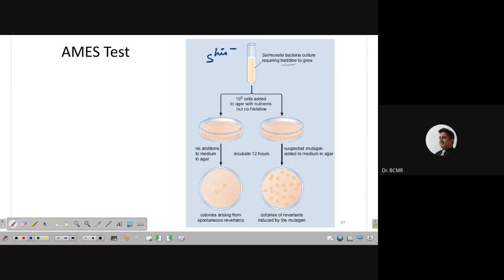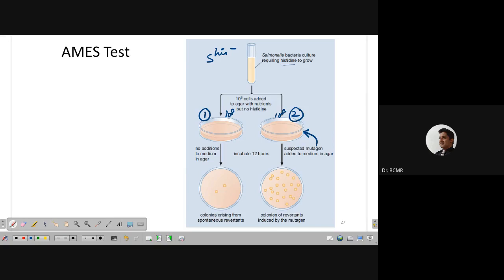Now you take two plates, plate 1 and plate 2, filled with minimal medium. In plate 1, we did not add anything else other than the minimal medium with agar. After that, we plate equal numbers of cells on both, 10 to the power 8 cells here and 10 to the power 8 cells here.